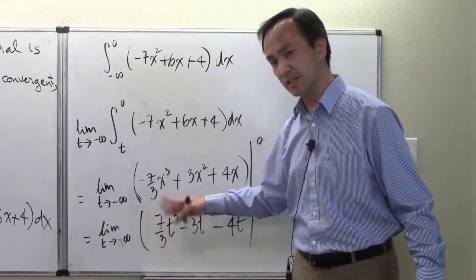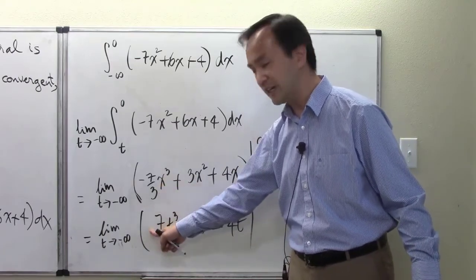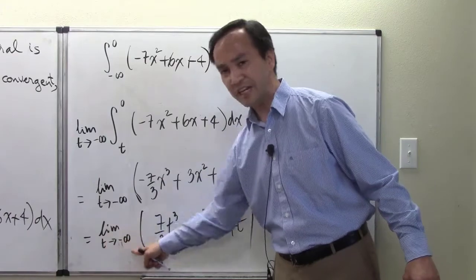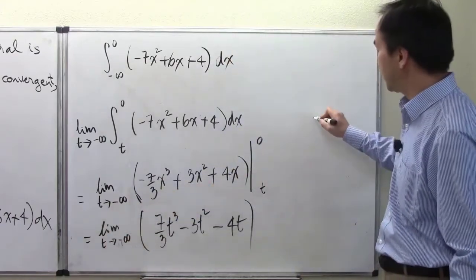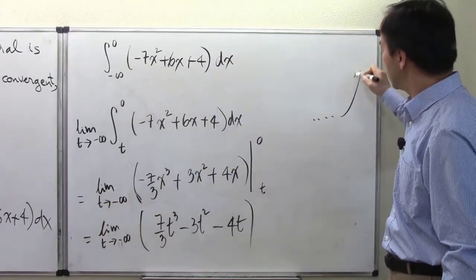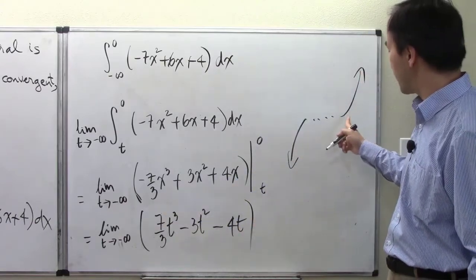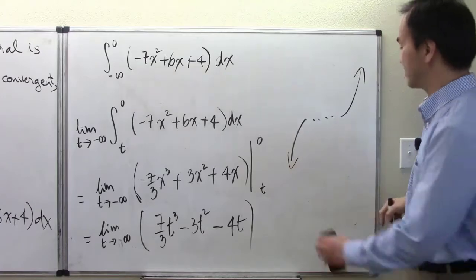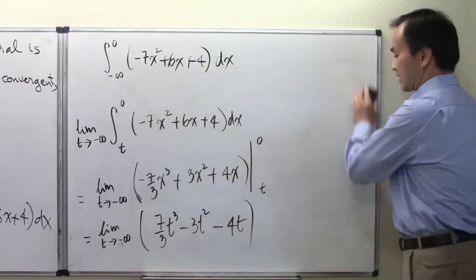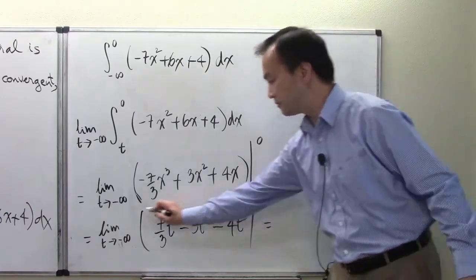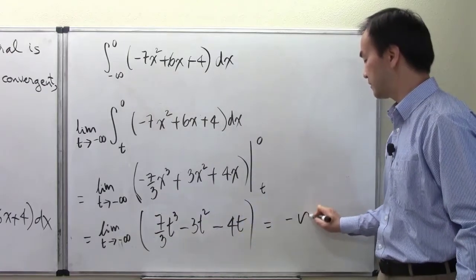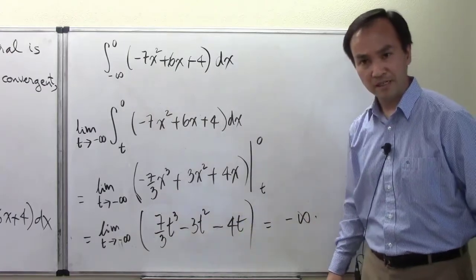Degree 3 here is an odd degree, right, and positive leading coefficient. So that means the left-hand behavior has to be, I don't care what's going on in the middle, that this function has a graph that has right-hand pointing up and left-hand pointing down. So that quickly allows me to say that this limit here is negative infinity. Okay, it's negative infinity.